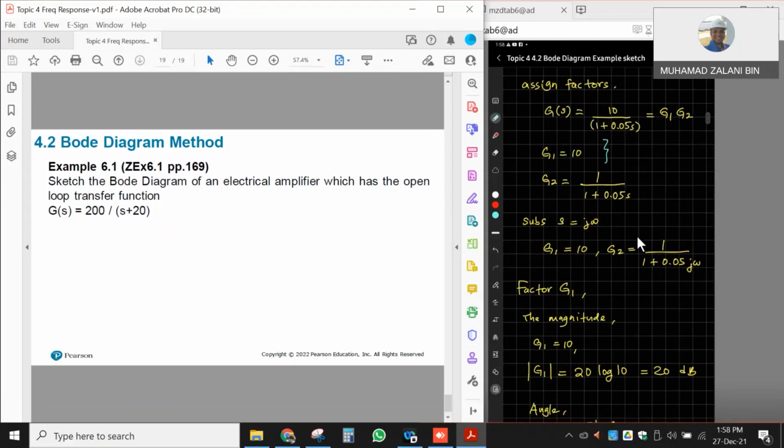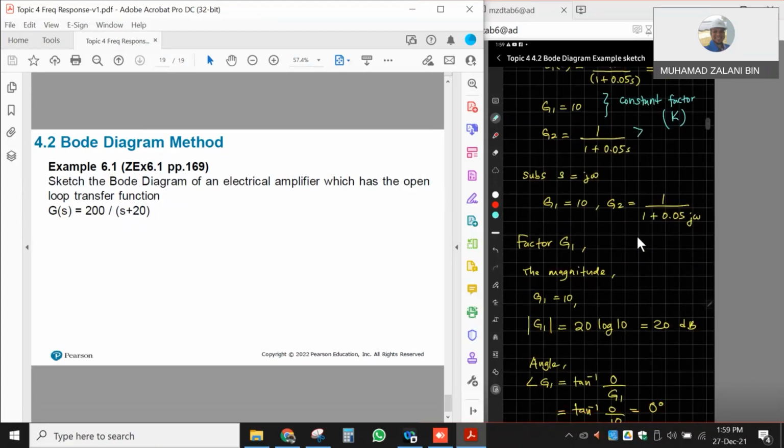Let me write here. This is the constant factor, something like K. This is the first order system of 1 over 1 plus sT. Okay, very similar to the function of the first order system of 1 over 1 plus sT for G2.